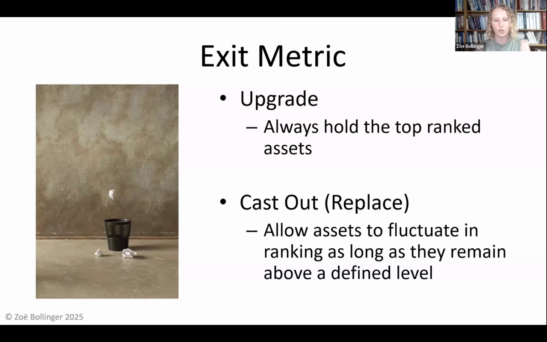The other and more common option is this idea of cast out. So you have some threshold, and you buy the top ranked assets and you'll allow them to fluctuate a little bit within a set span. So maybe at the 25th percentile, if it falls to rank 30, you sell it.